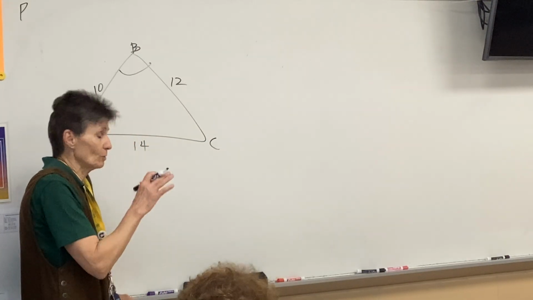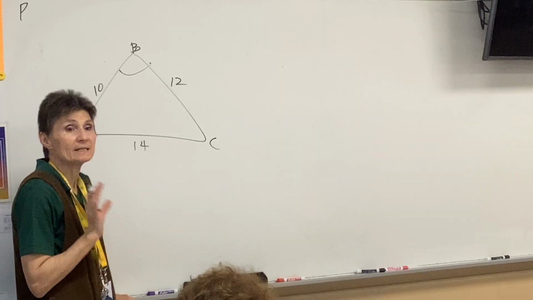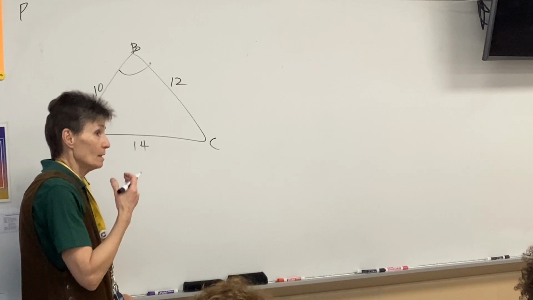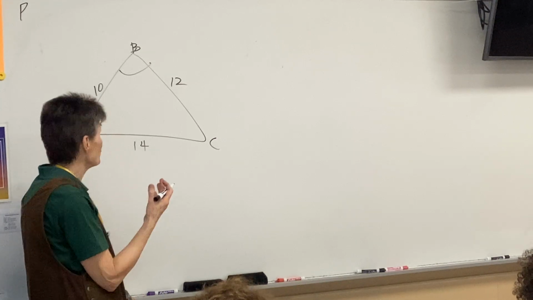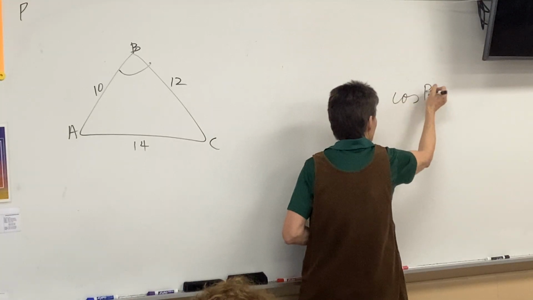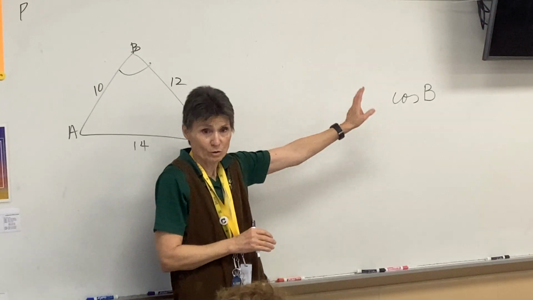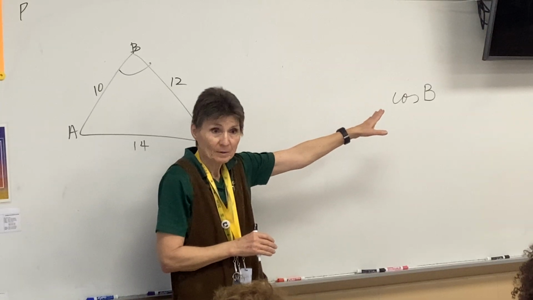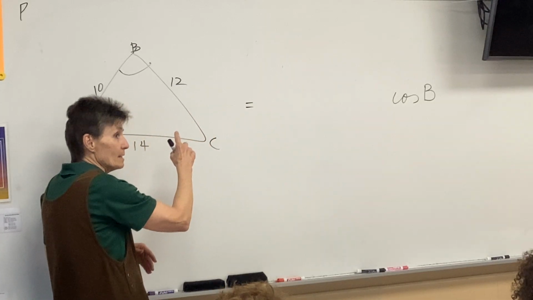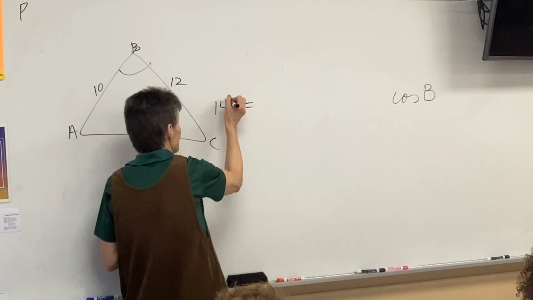You'll do basically the same thing if you find the smallest angle or the medium size angle. It doesn't matter. I'm going to find angle B. Now, I know I can't do law of sines, so I'm using the law of cosines. And my angle is B. So remember, in the law of cosines, your angle goes on one end, cosine B. That means on the other end is B's side, which is 14.